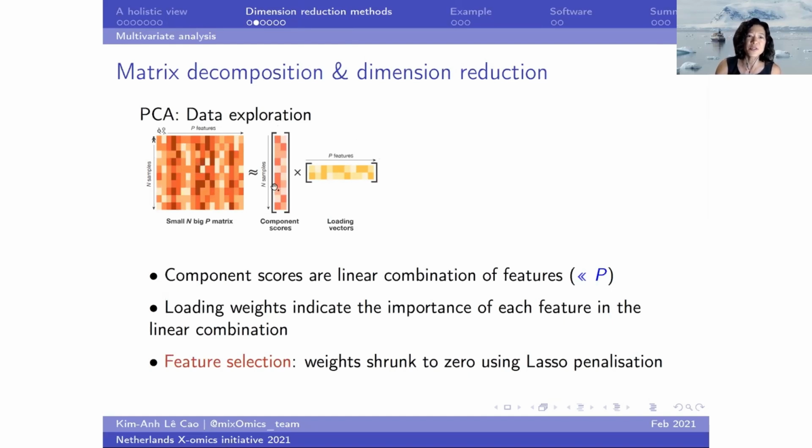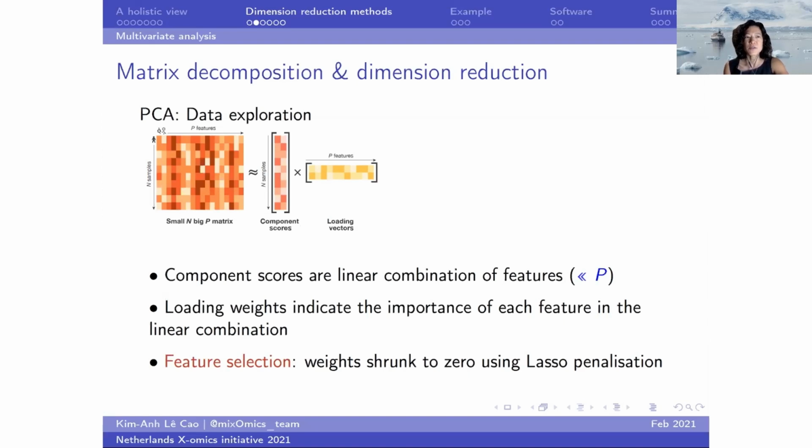And the component should maximize the variance or the information from the data. This is how you can then summarize a very big data set into only a few components, because those components are supposed to maximize the variance from the data.